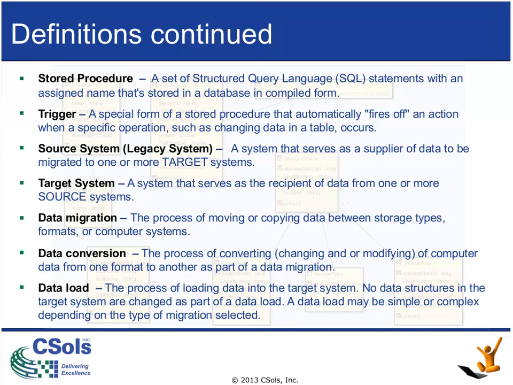And the final definition is data loading, and that is the process of loading the data into the target system. It's important to note that prior to performing data loading, the transformation process has been completed. So data loading is merely moving data from typically a staging database into the target system, without any modification to the structure or the database schema of the target system.